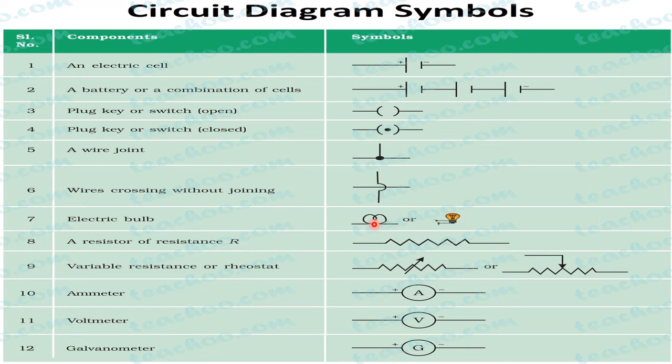For the bulb we draw this symbol, and for resistance we draw this symbol, and for variable resistance, meaning changing resistance, we draw this symbol, and this is for the rheostat, and this represents the ammeter, voltmeter, and galvanometer. All these symbols you have to remember.